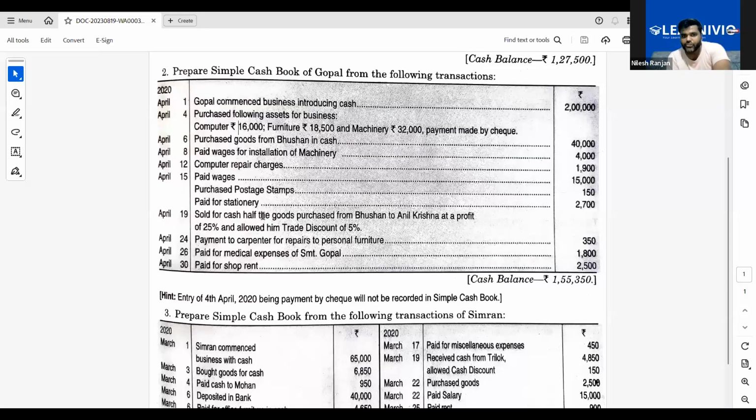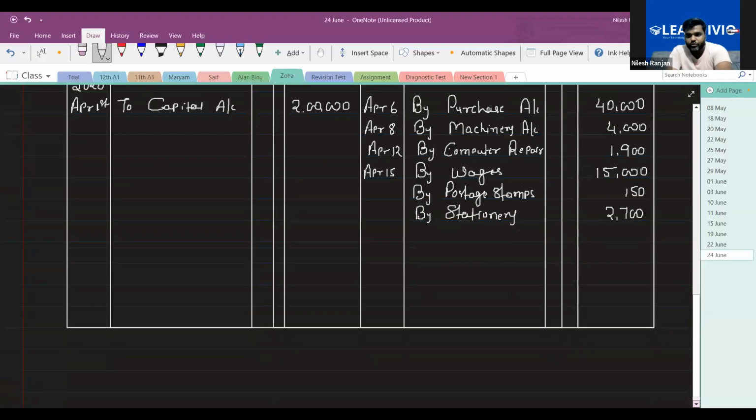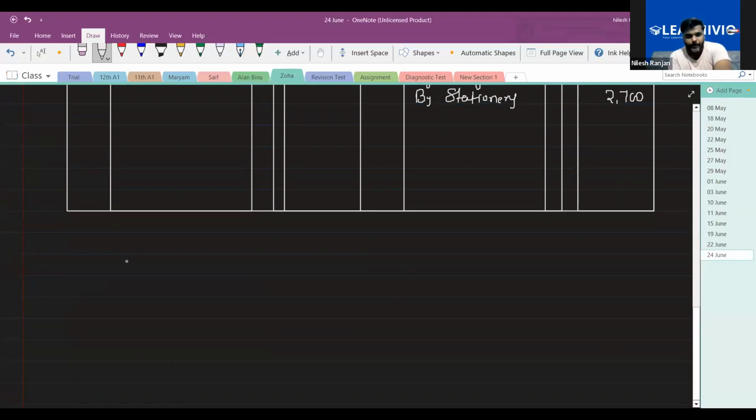Then sold for cash half the goods purchased from Bhushan to Anil Krishna at a profit of 25% and allowed him trade discount of 5%. Purchased from Bhushan, this one, 40,000.